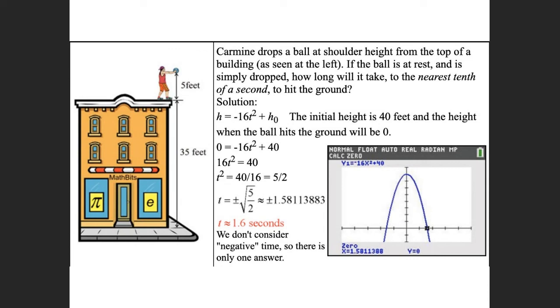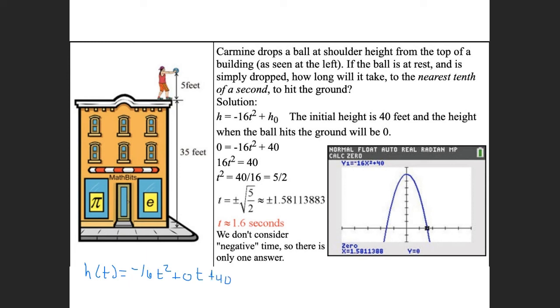The initial velocity, if you're dropping something, is just 0. So my equation, I could write it out as h of t is equal to, this never changes, negative 16t squared, because that's gravitational pull on Earth, plus 0t, because the initial velocity is 0, plus 40.